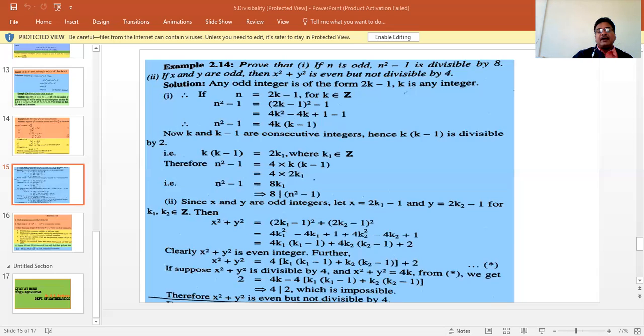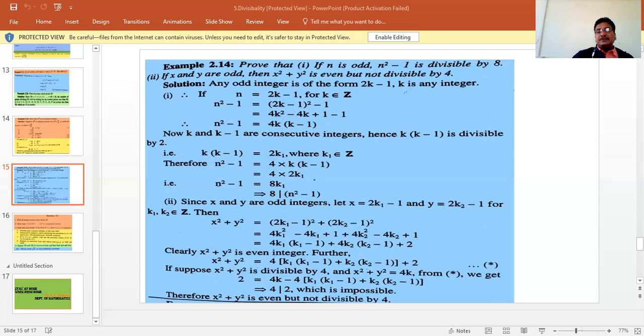Then by the definition of divisibility, x square plus y square is expressed in the form 4 into some integer, and take k as that integer.